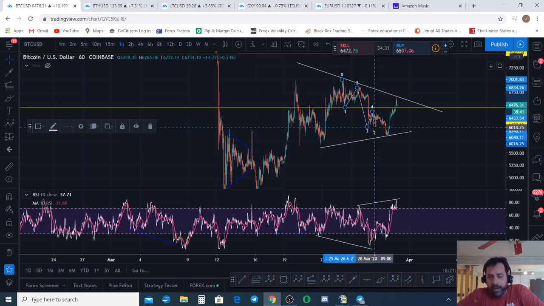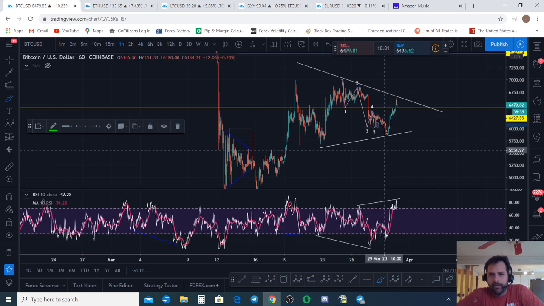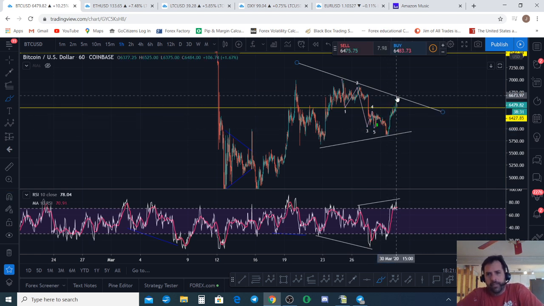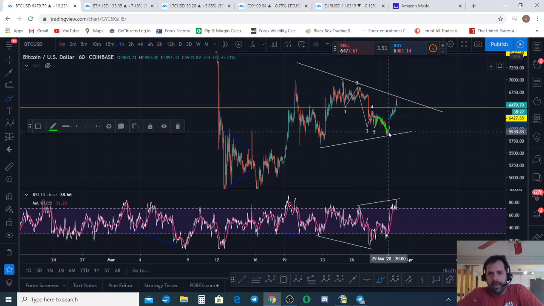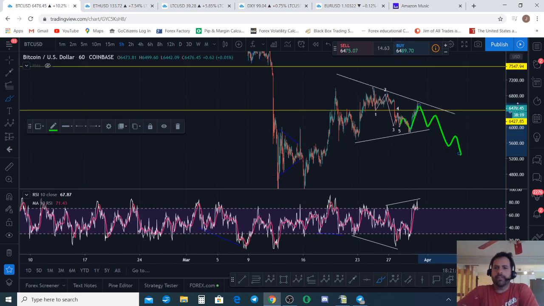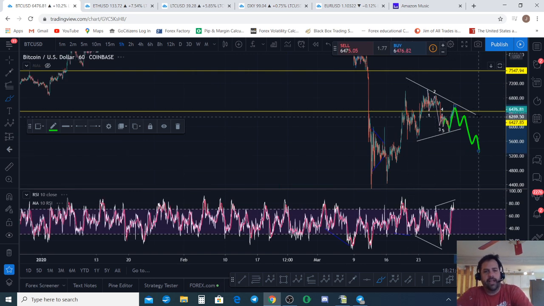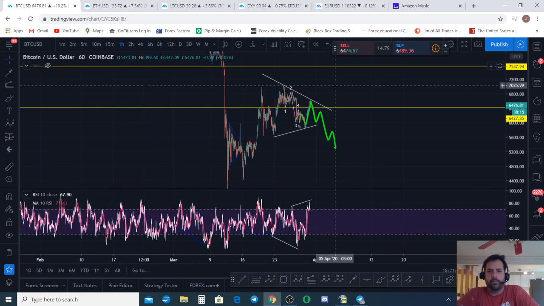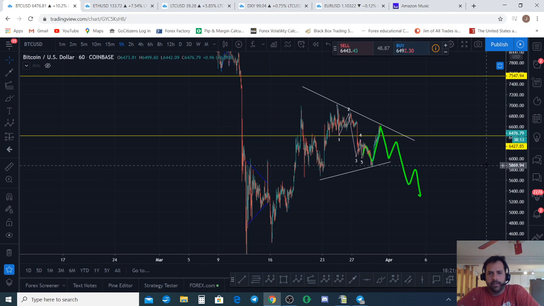And then one way to interpret this is that this is actually an expanded flat right here, as the two wave or a B wave. So we got a five wave, then a three wave, and then we expect basically another five wave move to the downside, and that's going to give us a three wave move to the downside and make this complex correction.